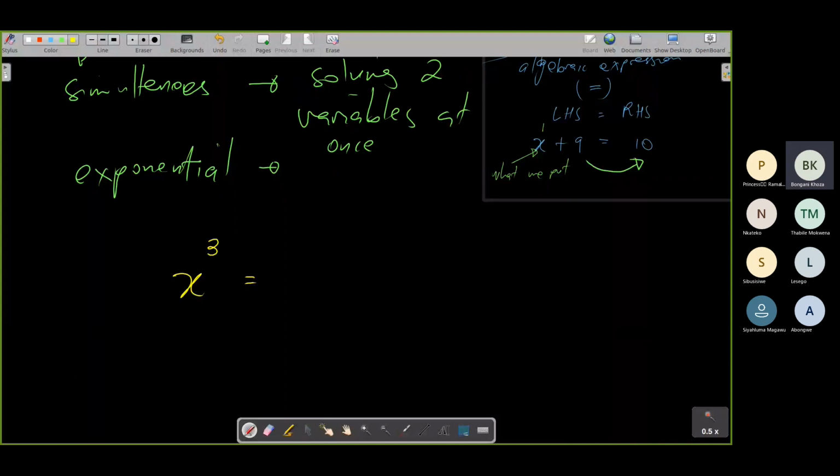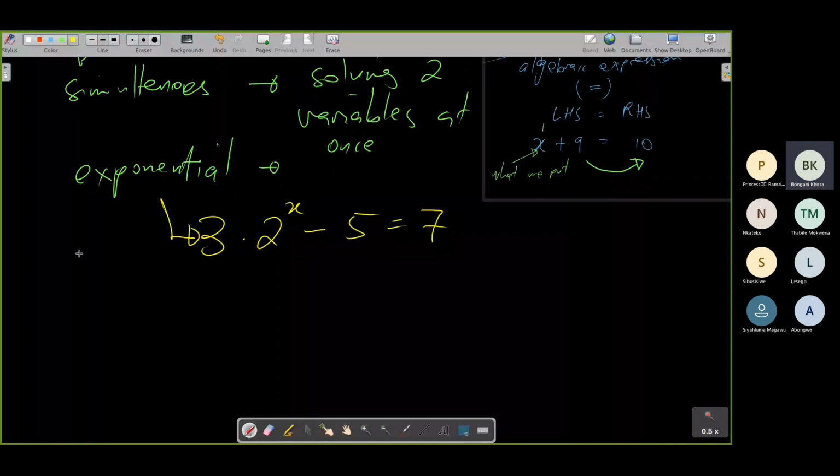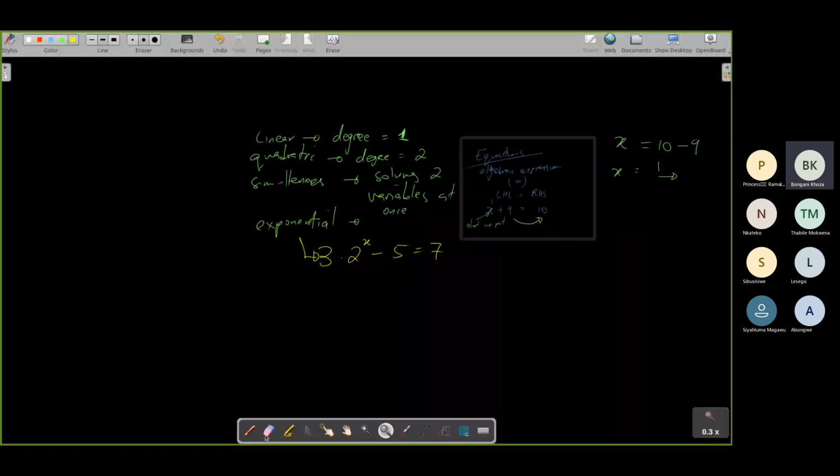Okay, let's try another one. For this exponential one, we could be given something like 3 times 2 exponent x minus 5 equals 7, something like this. We'll look into these later on, right? But for now, let's continue with our linear equations. Any questions so far?